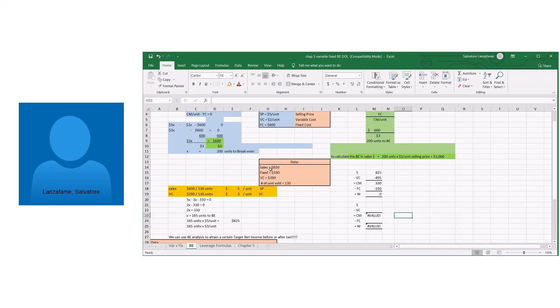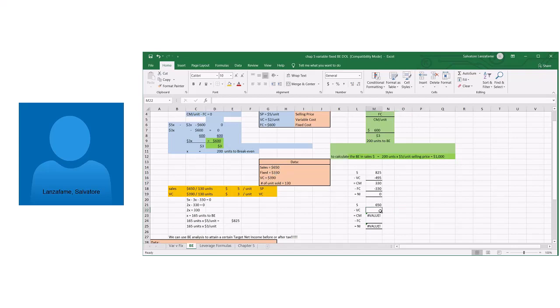What did we have originally with the data? Let's see what was going on there. We had 650 in sales, and you can tell we're already going to have a loss, right? Because we needed at least $825 in sales to make a profit. So they're already in trouble.